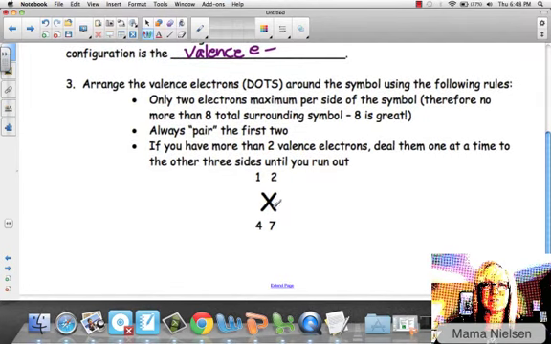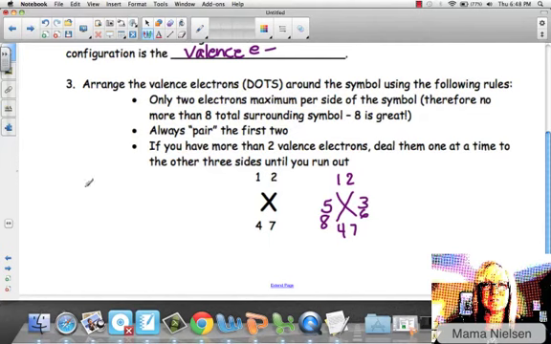This is not correct here, so I want you to put an X through that. And this is where you put your valence electrons. You do the first one, 1, 2, 3, 4, 5, 6, 7, 8. I guess it was partially right. It was missing some of the numbers. It was missing the side numbers.